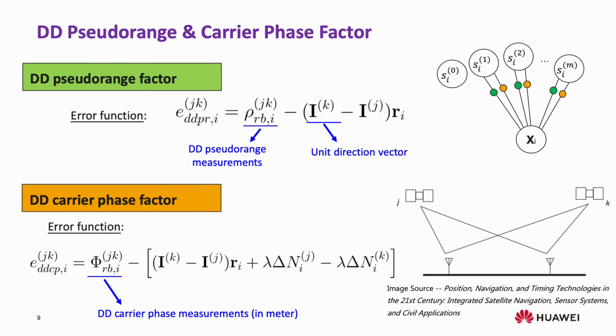The calculation of the double difference carrier phase factor is similar. The calculation of its residual is more or less similar after changing into meter unit, except for the term of the single difference ambiguity term between the current satellite and the reference satellite.